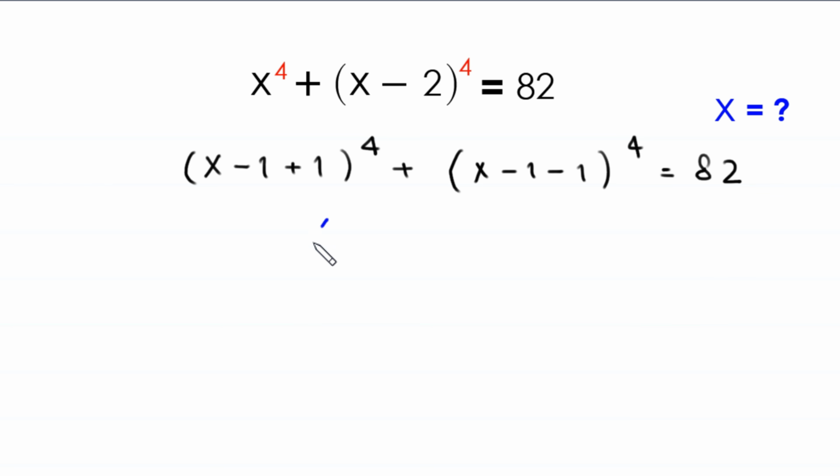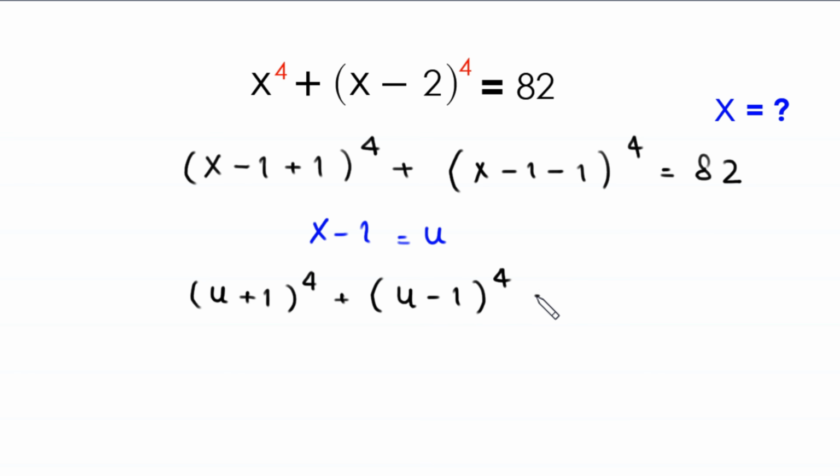Now we suppose that x - 1 = u. So this becomes (u + 1)^4 + (u - 1)^4 = 82.